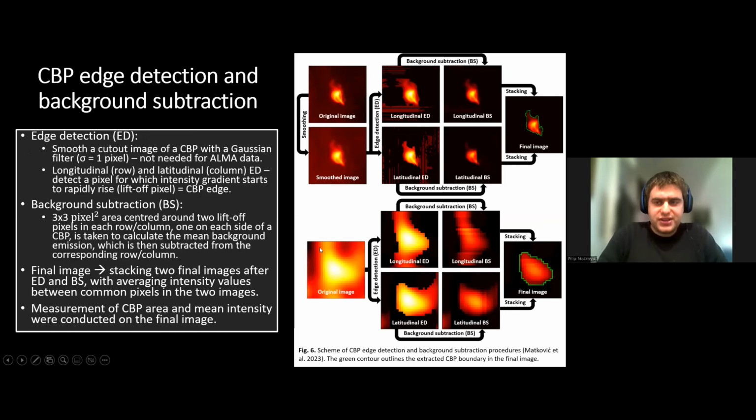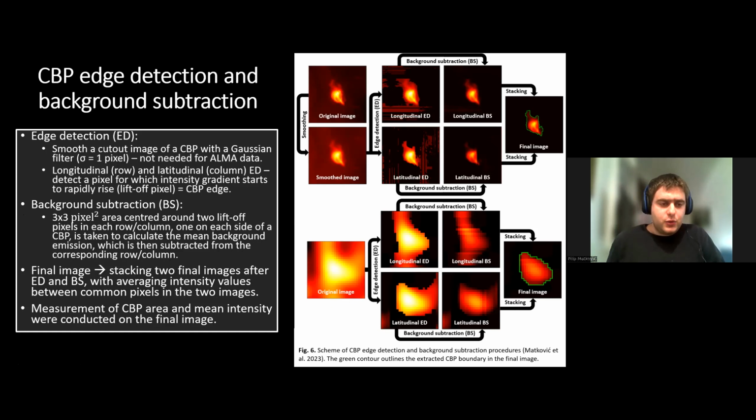Next, we wanted to extract CBPs from the images, and to do so, we have developed a two-step method which uses edge detection and background subtraction procedures. In the first procedure, we detect the edges of a CBP in longitudinal and latitudinal directions separately, looking for the pixels where the intensity gradient starts to lift off, and we take those pixels as a possible CBP edge.